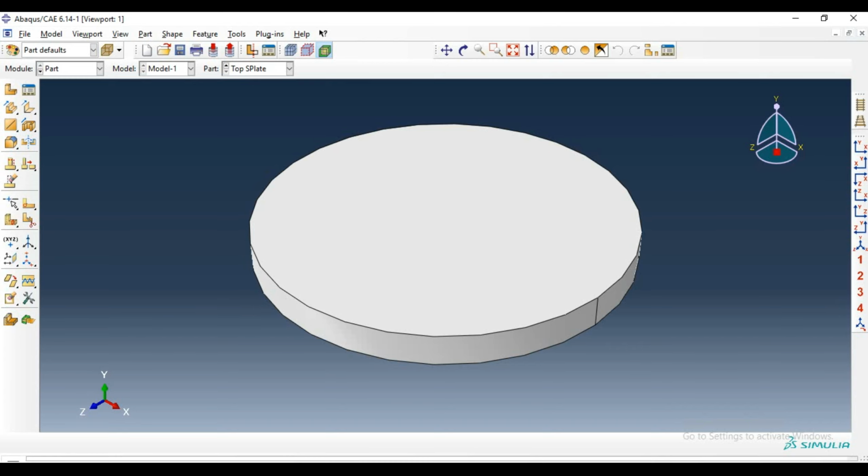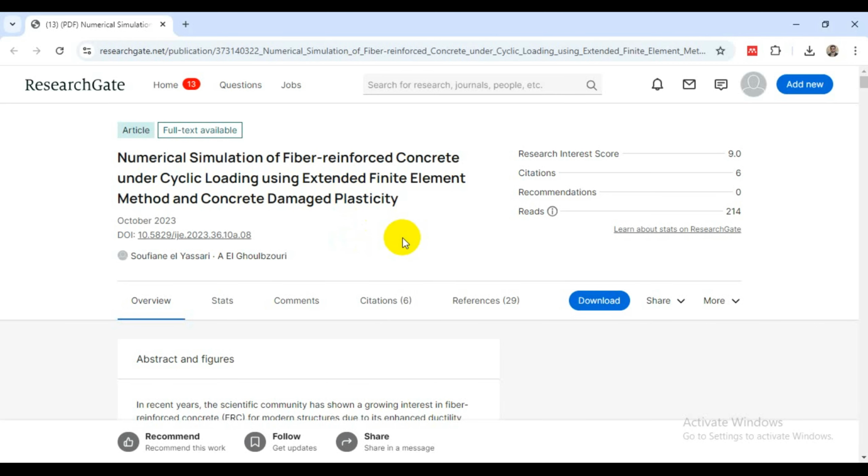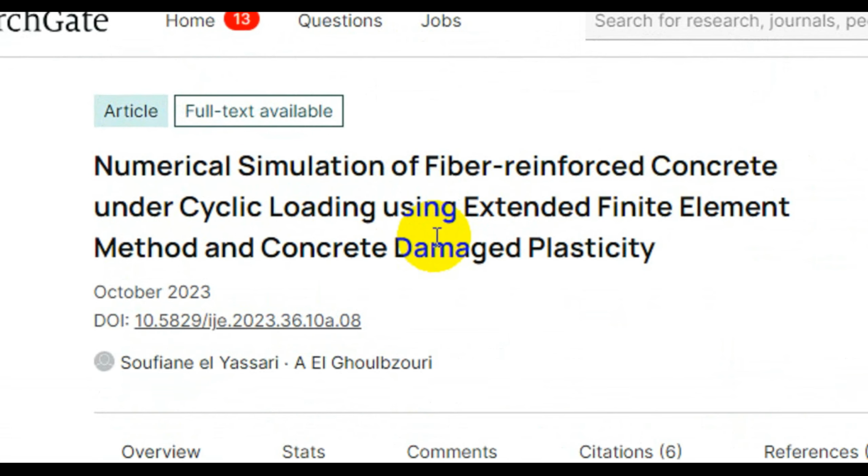So first we need to discuss the theory, equations and applications. There are various kinds of research and experiments performed on the fiber reinforced concrete, one of them being the numerical simulation of fiber reinforced concrete under cyclic loading using extended finite element method and concrete damage plasticity.